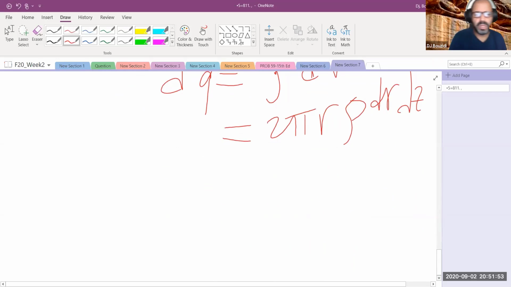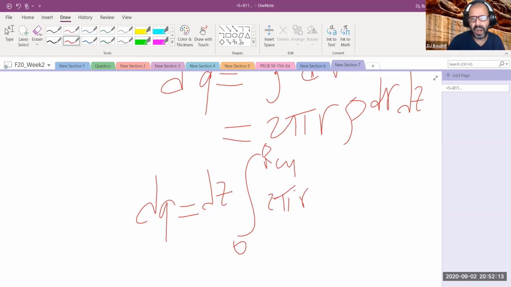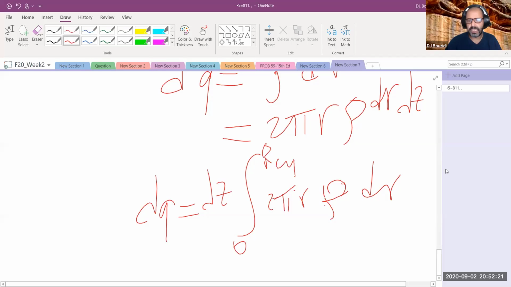So in this case, the charge enclosed on just that element is going to be the summation from 0 to big R cylinder of this entire expression, 2 pi r. dz is going to come out because it has nothing to do with this integration. 2 pi r times rho times dr, okay? And dq over dz is exactly what lambda is.